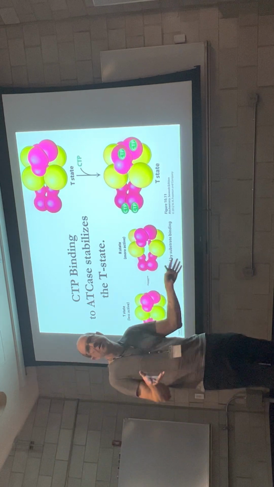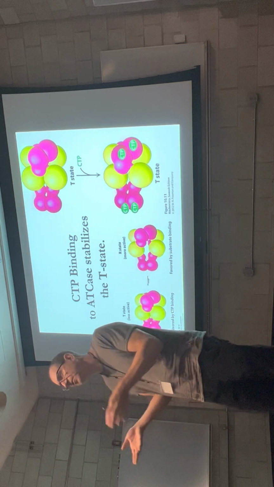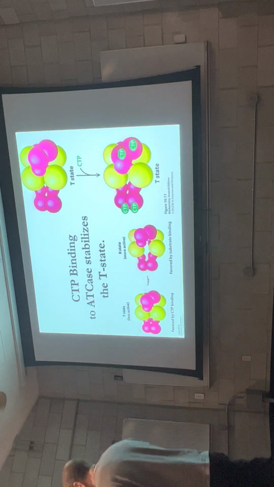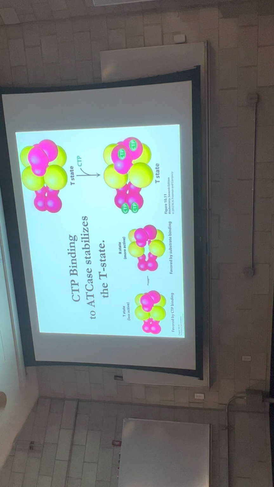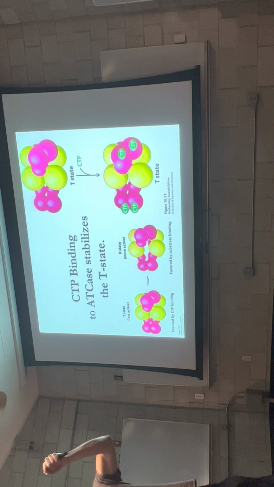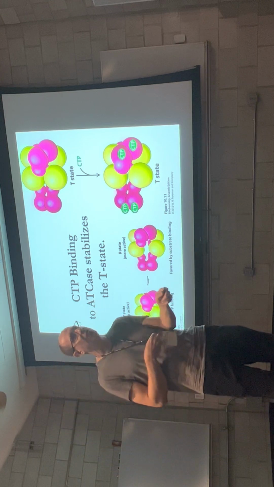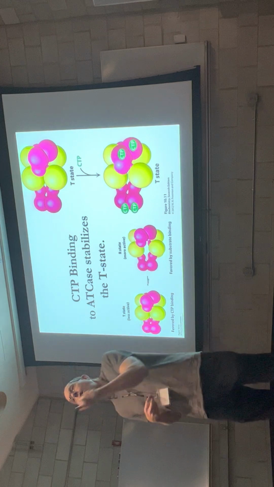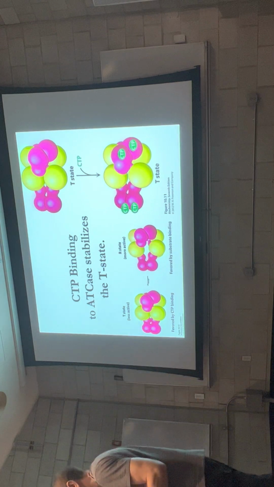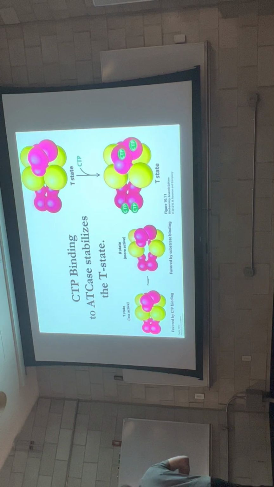That's why I showed you, to a large extent, the structures today. I wanted you to appreciate that the regulatory subunits are intimately connected to the catalytic subunits, such that changes in the conformation of the regulatory subunit are relayed all the way to the active site. And that's how this works.